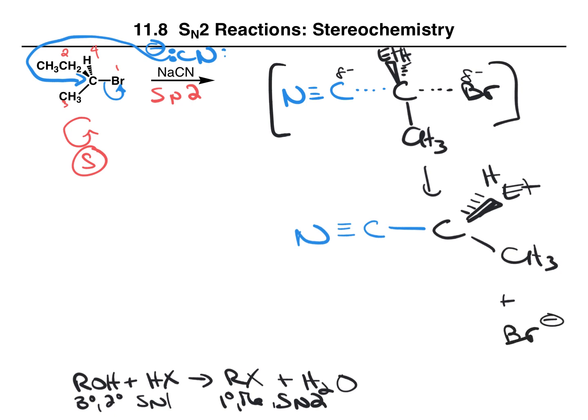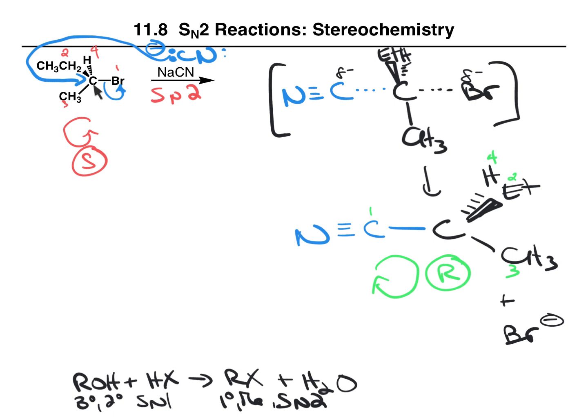Now, if we look at priorities, we have carbon, carbon, carbon. This carbon is connected to nitrogen, so this group has priority over this group, which has priority over this group. So now we are looking at 1, 2, 3, and our hydrogen is 4. We are going 1, 2, 3 clockwise, and so this compound has the R configuration.